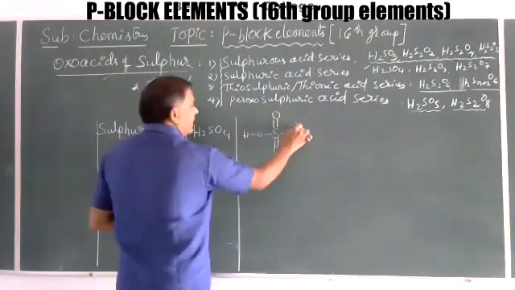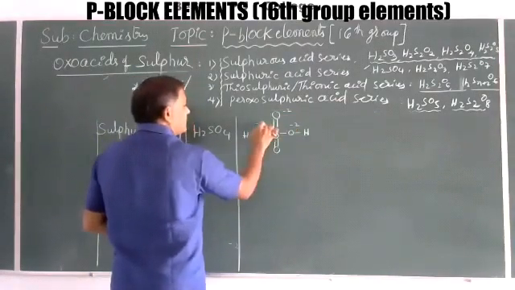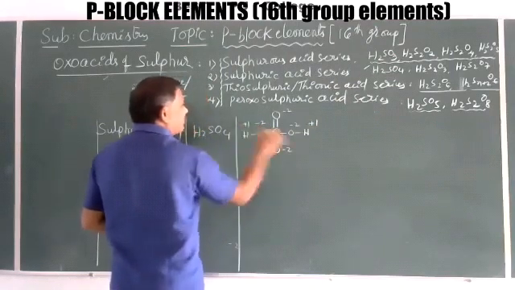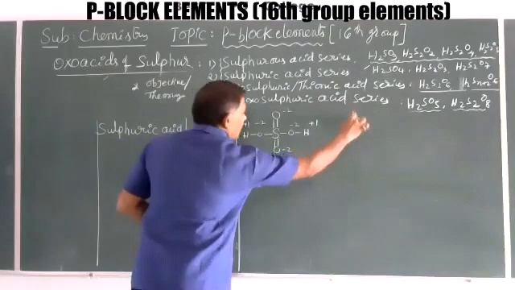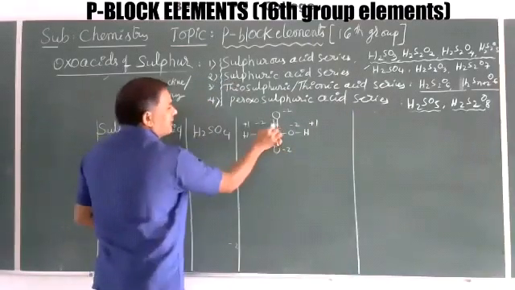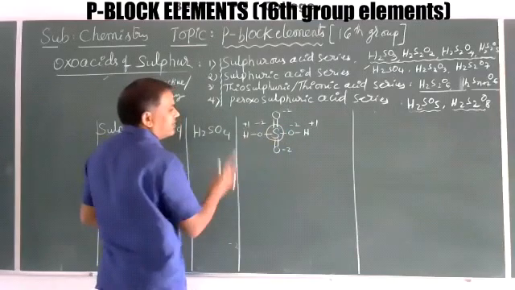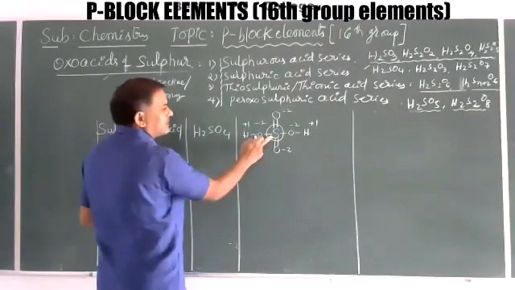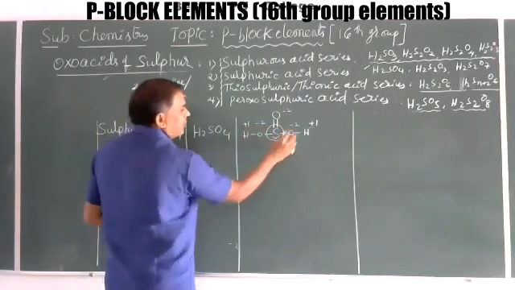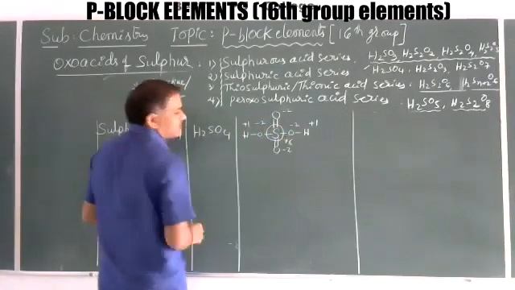Now this oxygen is minus 2, this oxygen minus 2, this minus 2 and also minus 2. Hydrogen plus 1, hydrogen plus 1. Now its structure is clear. Using this, we can easily estimate its oxidation state. Only one sulfur is there: minus 8 from the oxygens, plus 2 from the hydrogens, the remaining balance is plus 6.